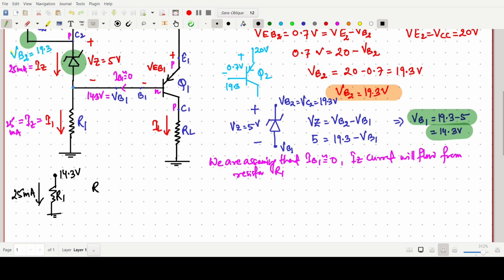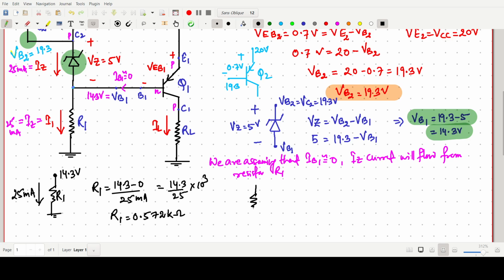So R1 will be 14.3 minus 0 divided by 25 milliampere, or 14.3 by 25 into 10 power minus 3. If we solve this, R1 comes to nearly 0.572 kilo-ohm.